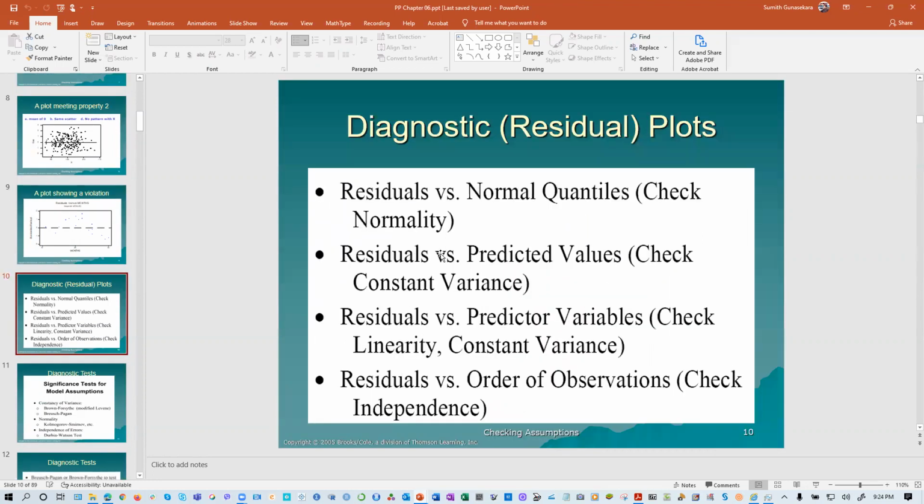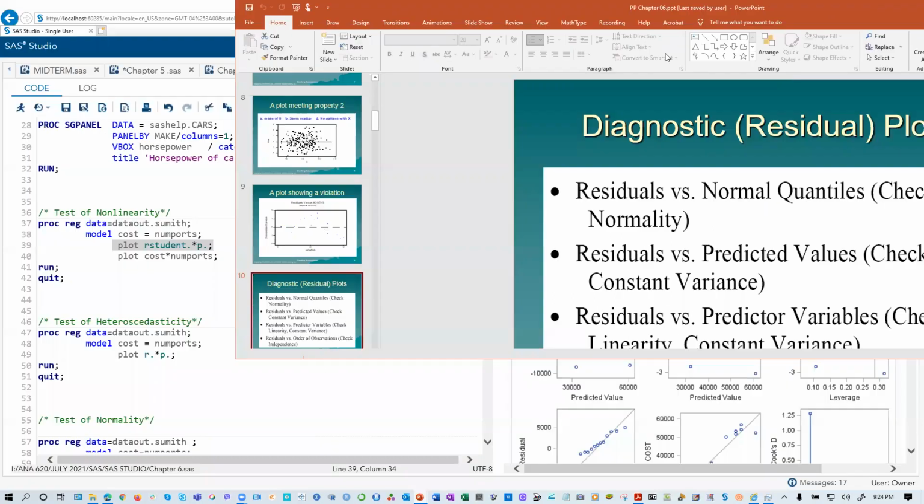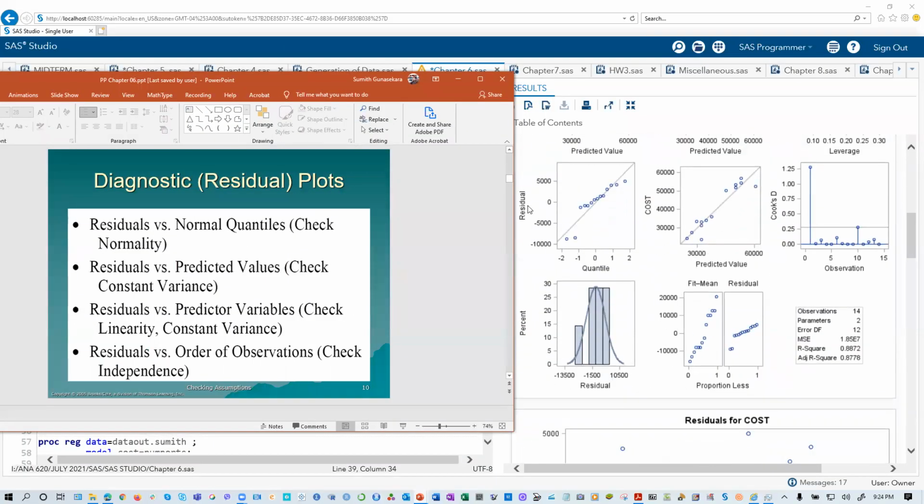Residual versus predicted value would be checking the constant variance. Residual versus the x value checks the constant variance and linearity. Residual versus the normal quantile, which we were talking about here. Again, we are looking into three types based on the shape: normal, negatively skewed, right skewed.